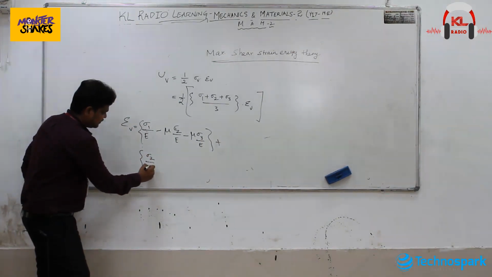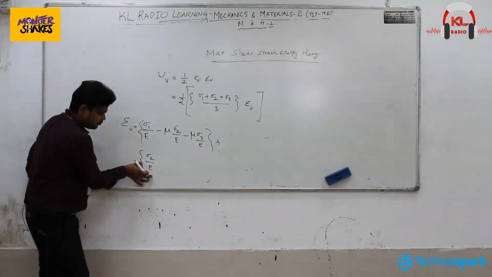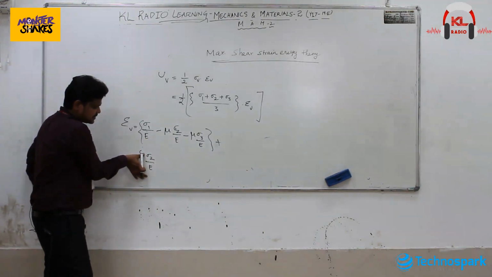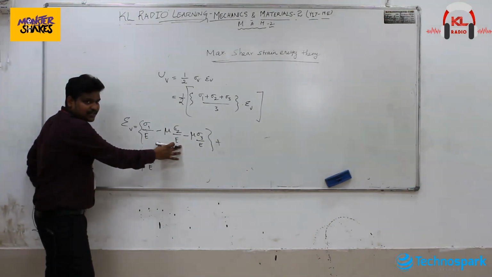sigma 2 by E. This strain arises from Hooke's law, where the strain in the longitudinal direction is decreased in correspondence with the strain in the lateral direction.